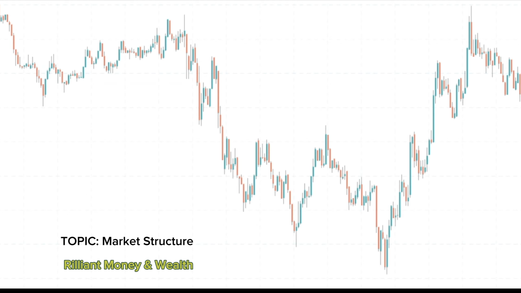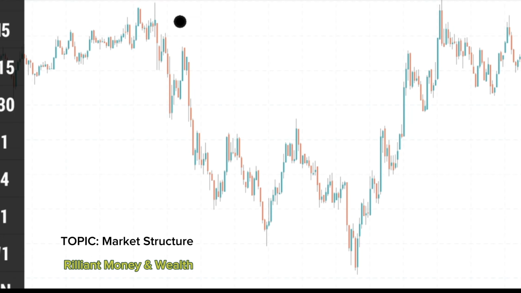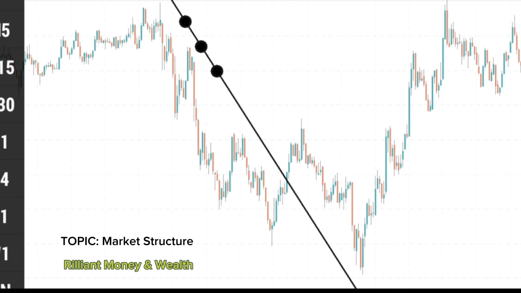So when can we say it is a downtrend? You can see from here. So when the market slopes downward like this, we can say it is a downtrend up to this part.